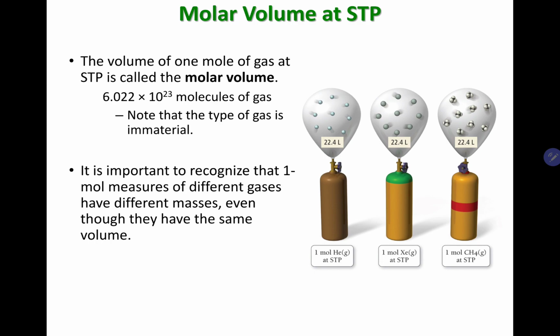If you take 1 mole of any gas, regardless of the type, it will have a volume of 22.4 liters. So 22.4 liters is also known as the standard volume, or the molar volume, of a gas.